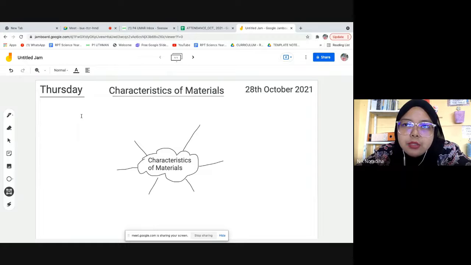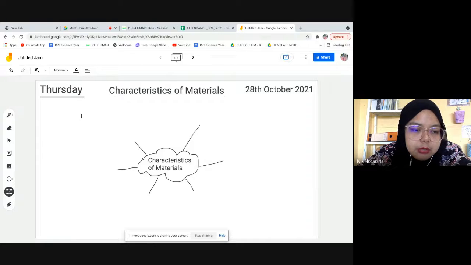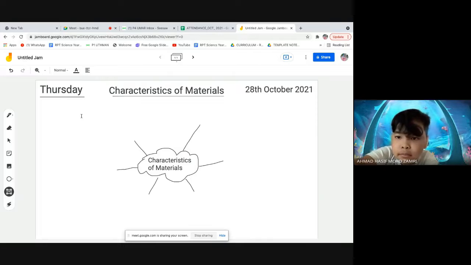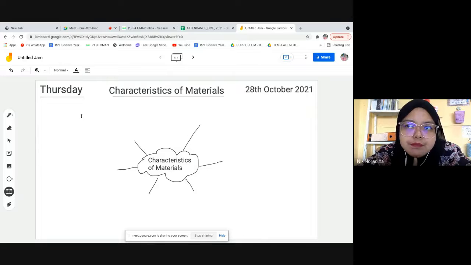Before this, where did you buy your practical book? Because we have two more topics and a few experiments we need to do. Pustaka Rakyat. Pustaka Rakyat, right? Do you have extra at school? Do you have extra at home? No, your practical book? I don't have any extra one.